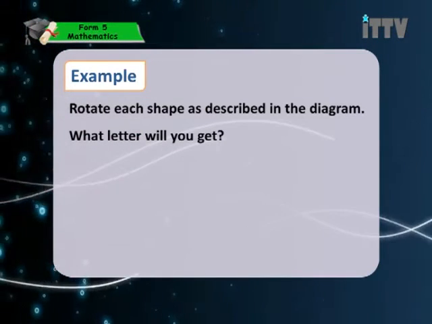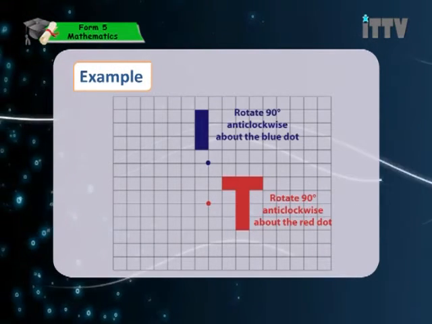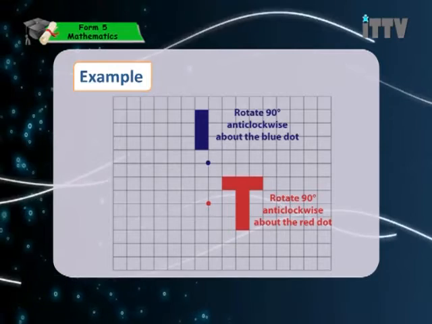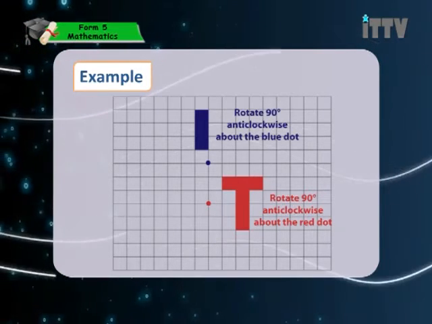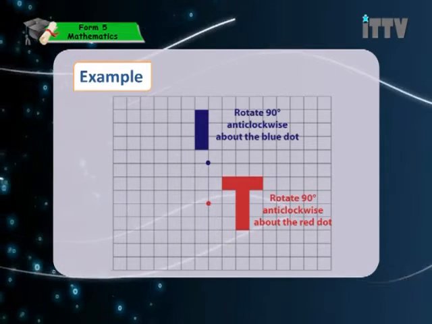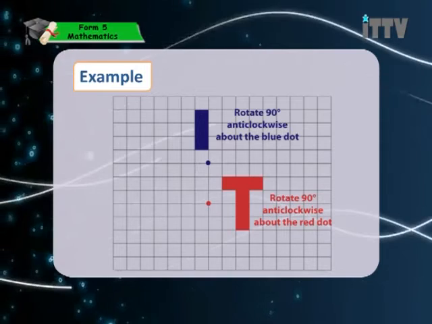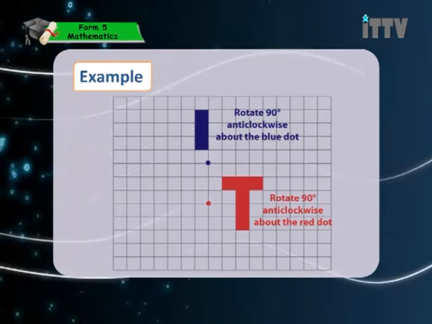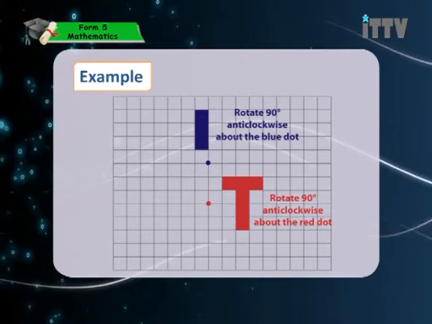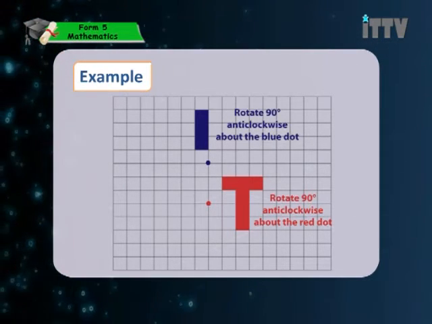What letter will you get? We have 2 objects. The blue one, rotate 90 degrees anti-clockwise about the blue dot. The red one, rotate 90 degrees anti-clockwise about the red dot. I want you to try to figure out what letter you will get when you rotate both of them according to the rotation specifications.